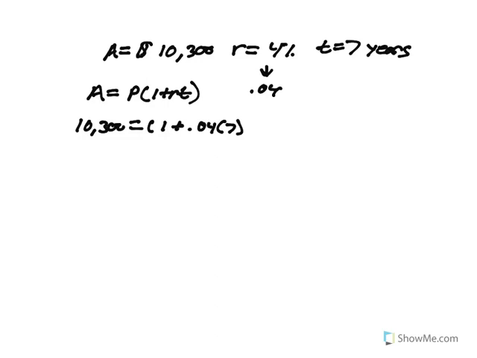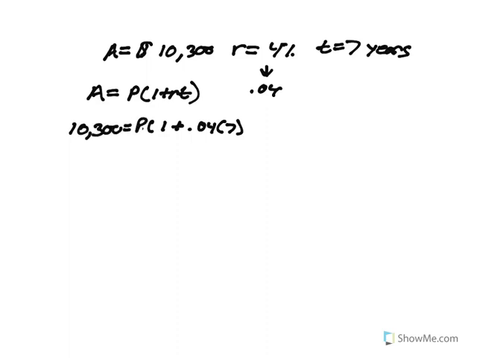I forgot to put P here. Let me just go ahead and fix that, okay? So A equals, we already know what A was, 10,300.